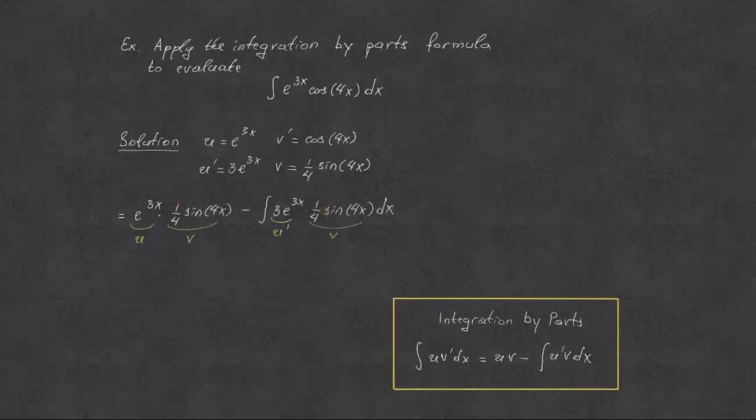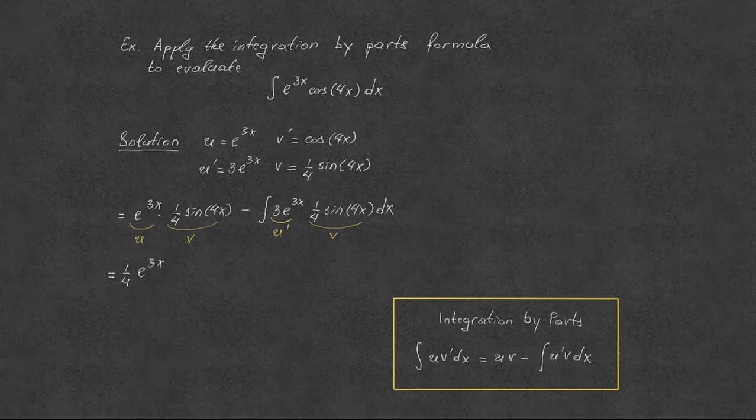So if we do that, it's going to be equal to 1/4 e to the 3x sine 4x minus 3/4, which is coming from 3 times 1/4, the integral of e to the 3x sine 4x dx.